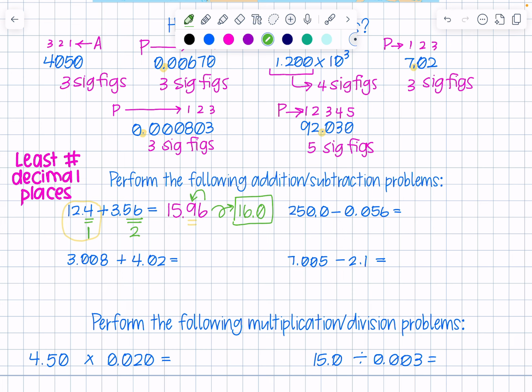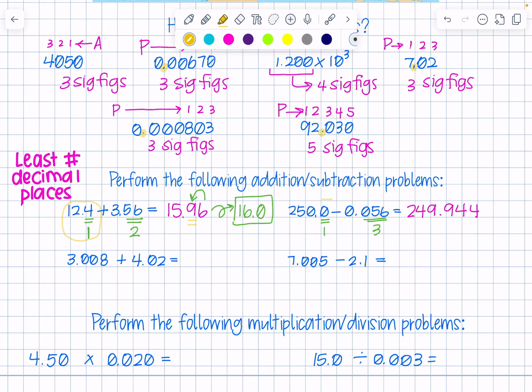All right, the next question, we have 250.0 minus 0.056. This gives me 249.944. 250.0 has 1 decimal place. 0.056 has 3 decimal places.